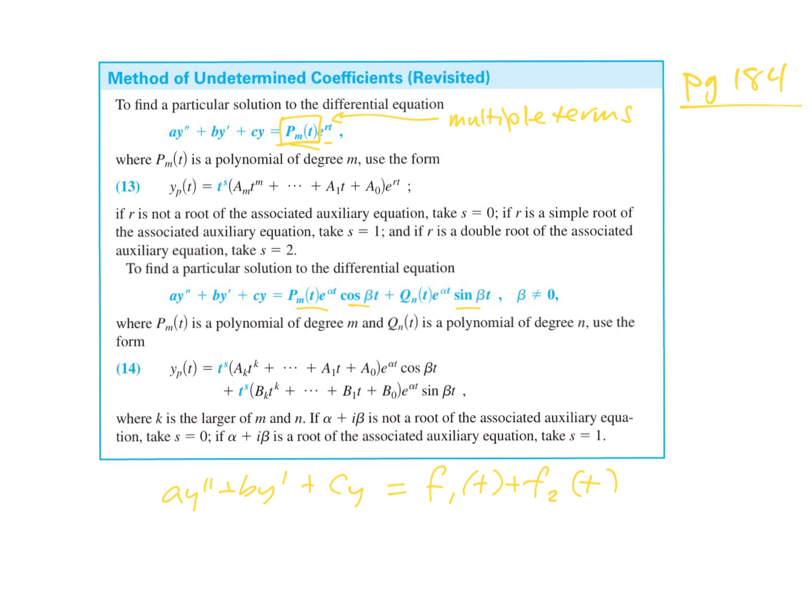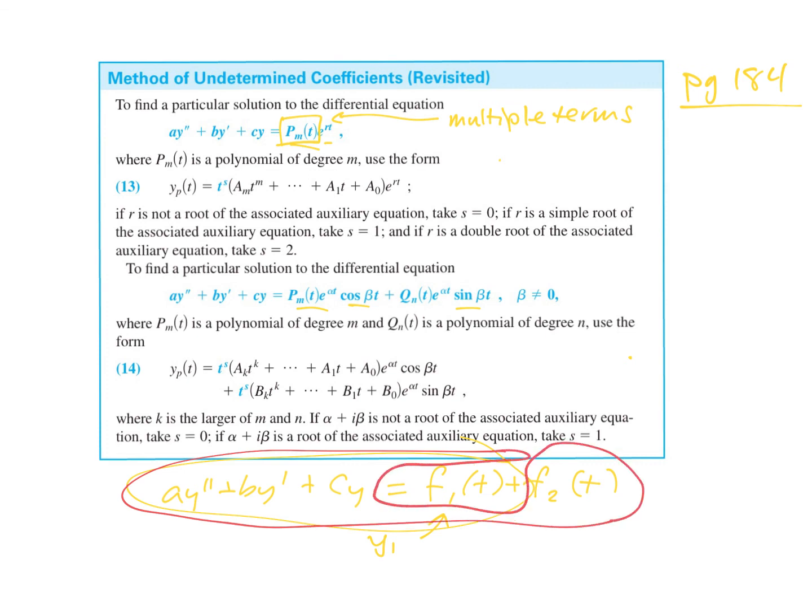If you've got two that, put together, don't look like one of these forms, then just find y1 that solves this one, and then find y2 that solves this one, and then put them together, y1 plus y2.